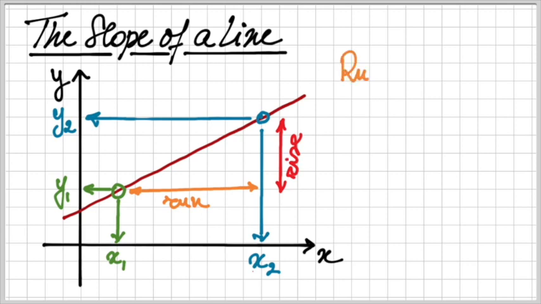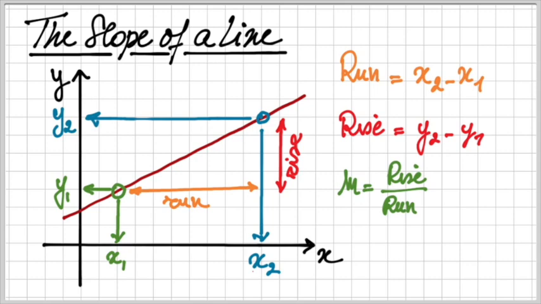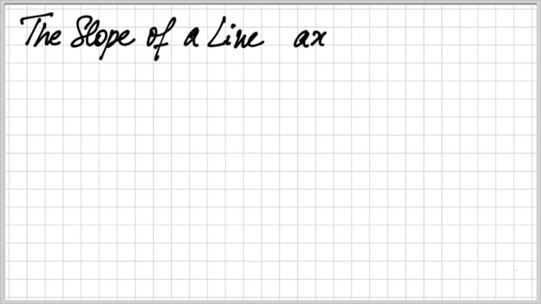Based on this, we can define the run as x2 minus x1, the rise which is y2 minus y1, and we find that the slope, rise divided by the run, is given by y2 minus y1 divided by x2 minus x1.